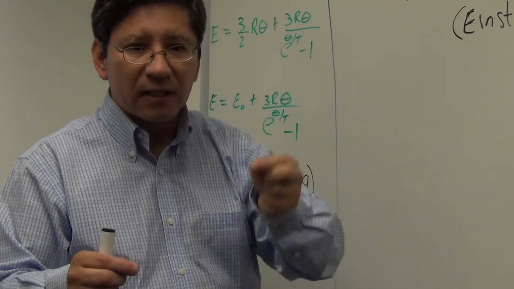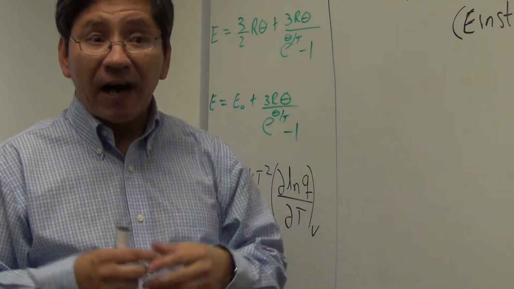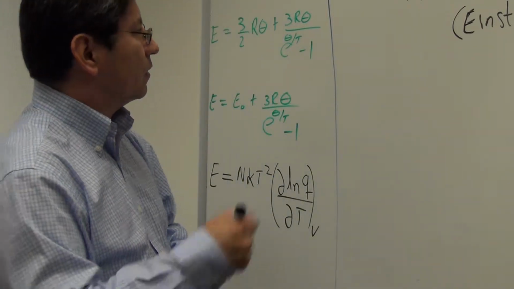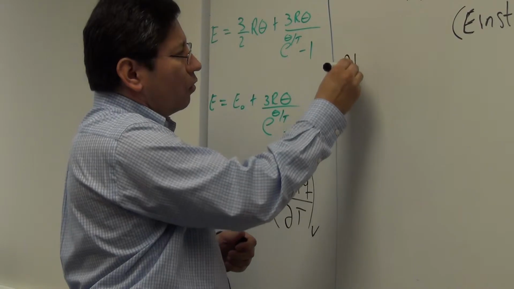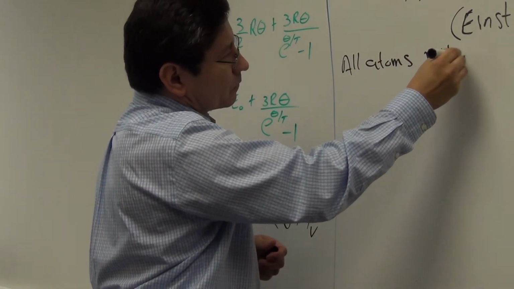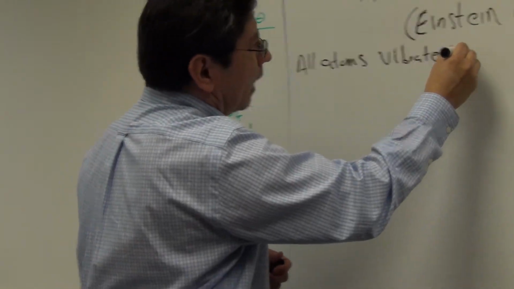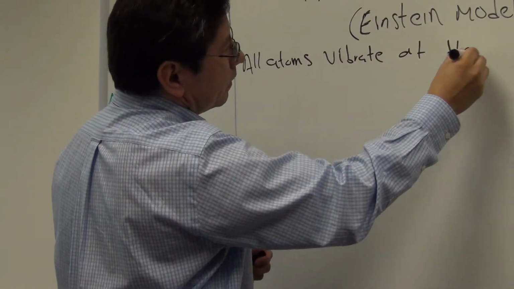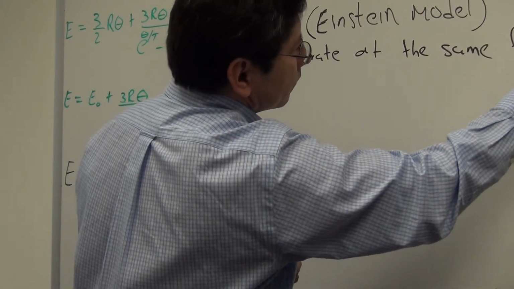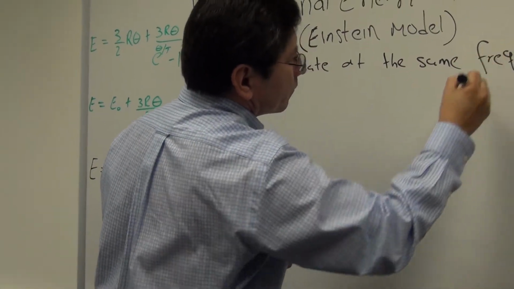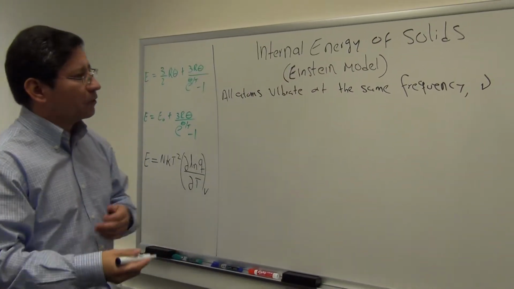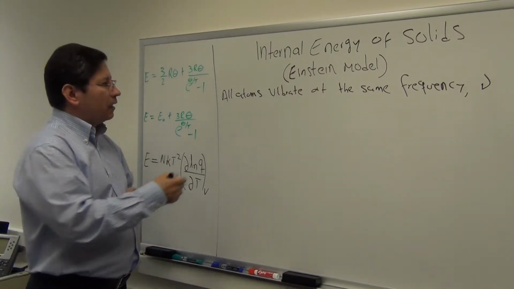There is a vibrational degree of freedom. And they vibrate all at the same frequency, right? So all atoms vibrate at the same frequency, and let's use the symbol nu for frequency, right?